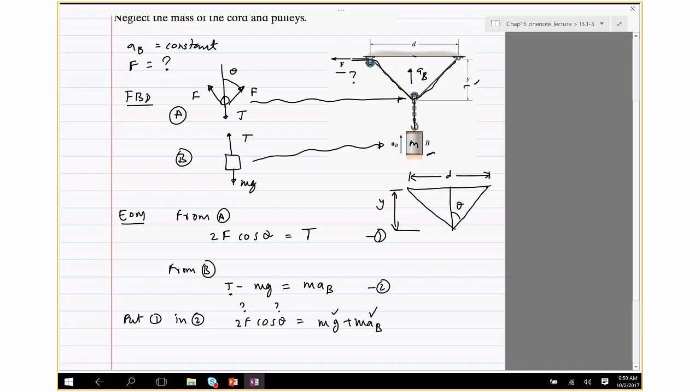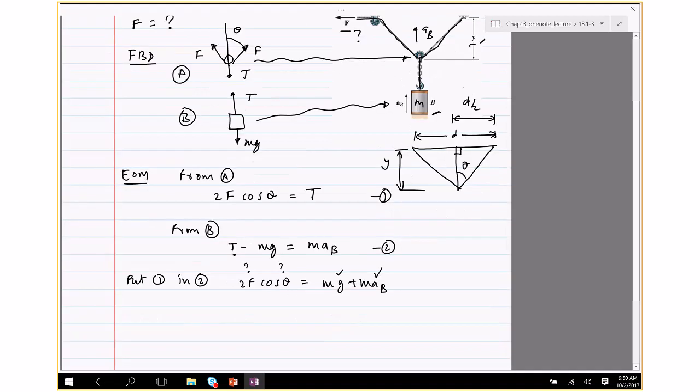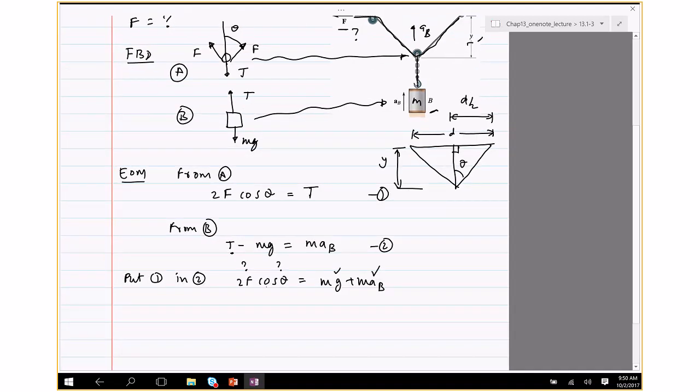This is 90 degrees. So this is d divided by 2, right? So now it's simply tan theta, or well, I need cosine theta. Well, I can write tan theta is d divided by 2y, right?